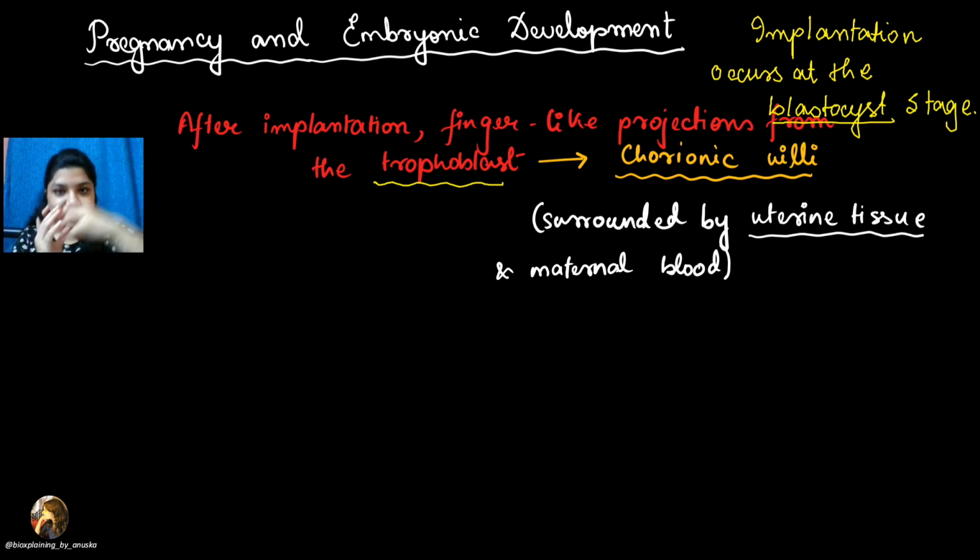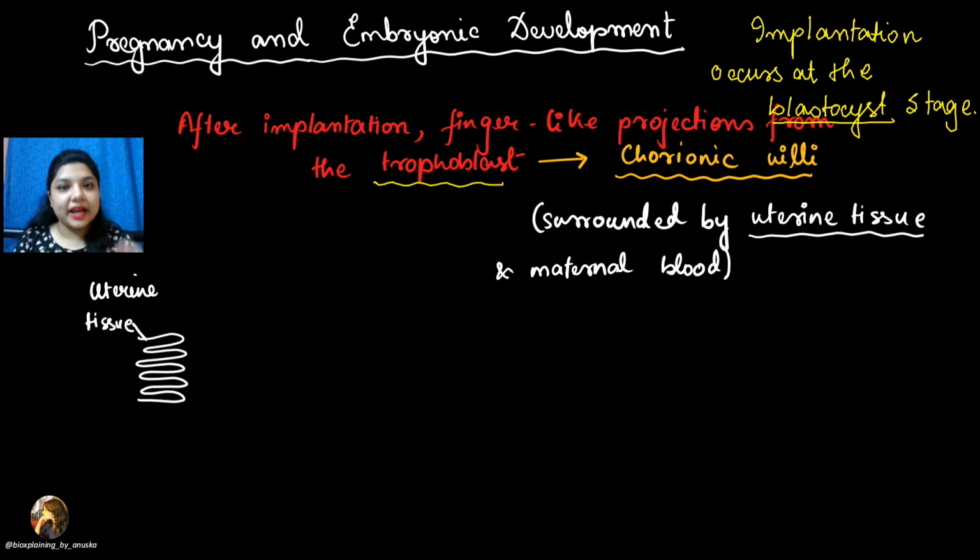So implantation is occurring, and the trophoblast is giving rise to chorionic villi, which are getting surrounded by tissues of the uterus and the maternal blood. Let me explain this in a simple manner. Say this white color is your uterine tissue, and this yellow colored thing is your chorionic villi.